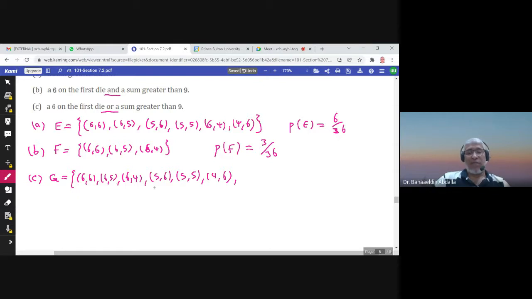I have 6, 6, 6, 5, 6, 4, so I still have 6, 1, and 6, 2, and 6, 3. So here, each outcome is either the sum greater than 9 or the first die is 6 or both. How many? 9. So probability of G is 9 over 36.